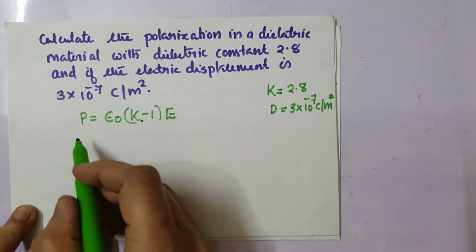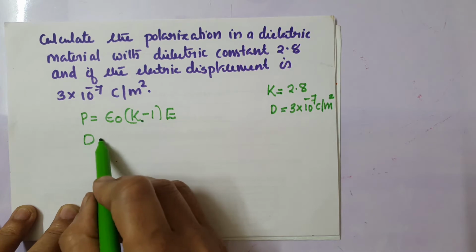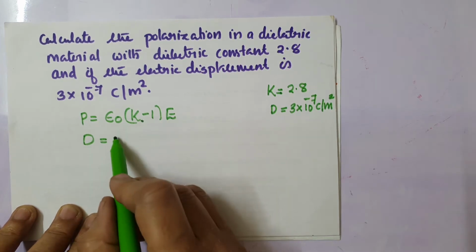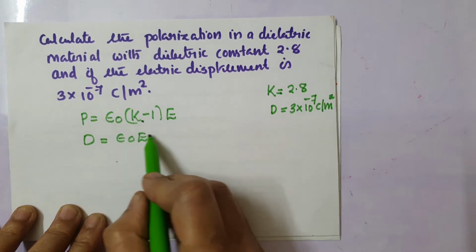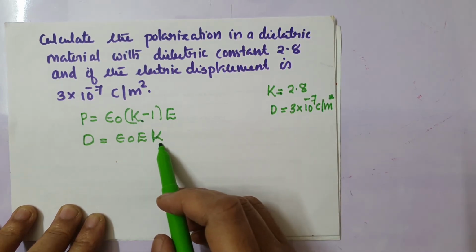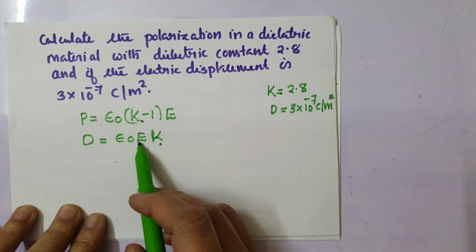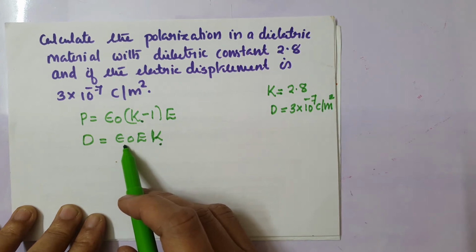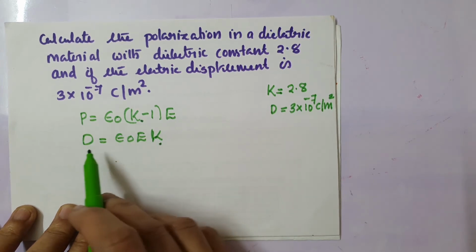And also we have the equation relating the electric displacement and the dielectric constant, that is D is equal to epsilon 0 K E, where D is the electric displacement.